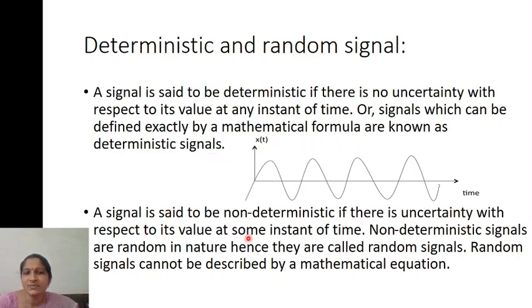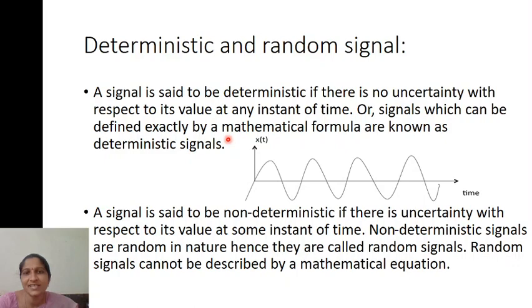And a signal is said to be non-deterministic if there is uncertainty with respect to its value at some instant of time. Non-deterministic signals are random in nature, hence they are called random signals. For these random signals, you will not be able to give any mathematical formula. So these are deterministic and random signals.